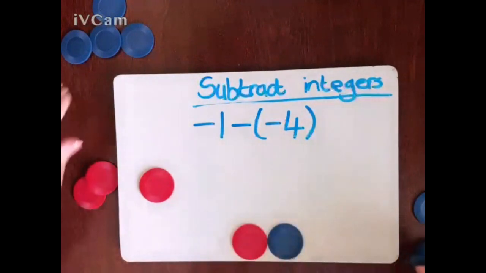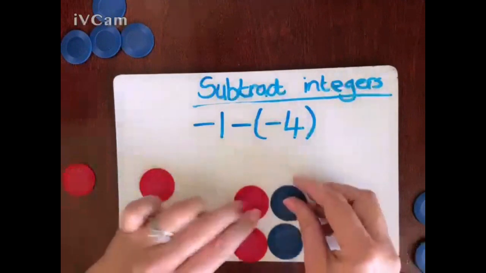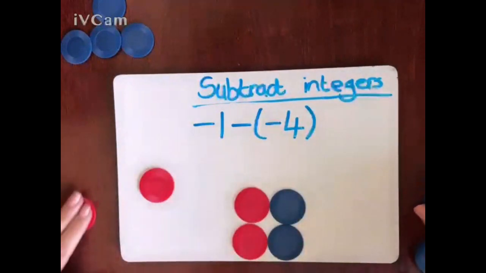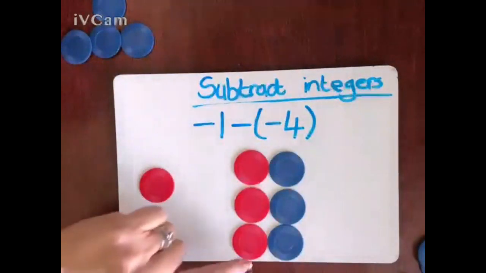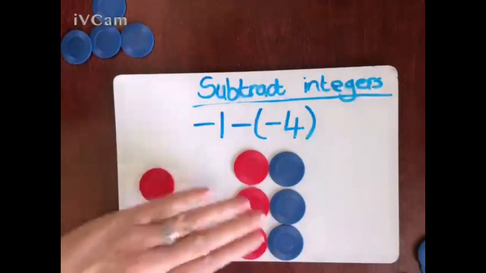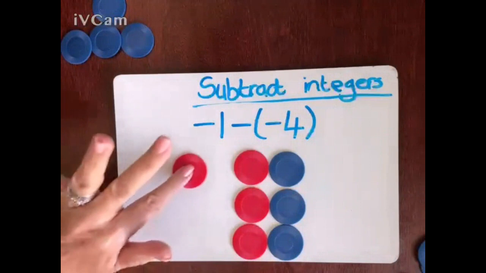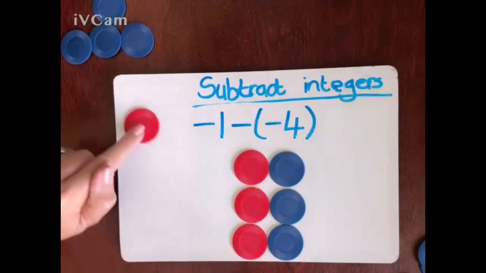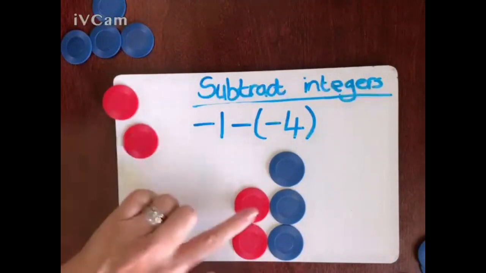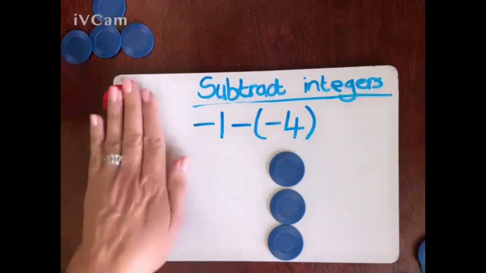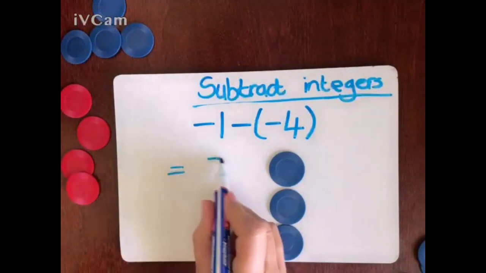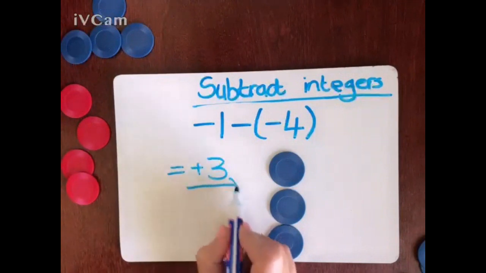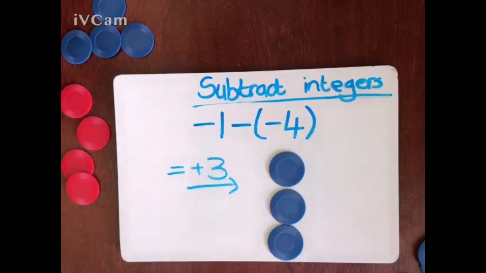Add 0 pairs until you are able to take away 4 negatives. And my negatives are my red ones. So I'm going to introduce or add 3 pairs because now I'm able to take away 1, 2, 3, 4 negative discs. What am I left with? I am left with 3 blue discs, and that is my answer.